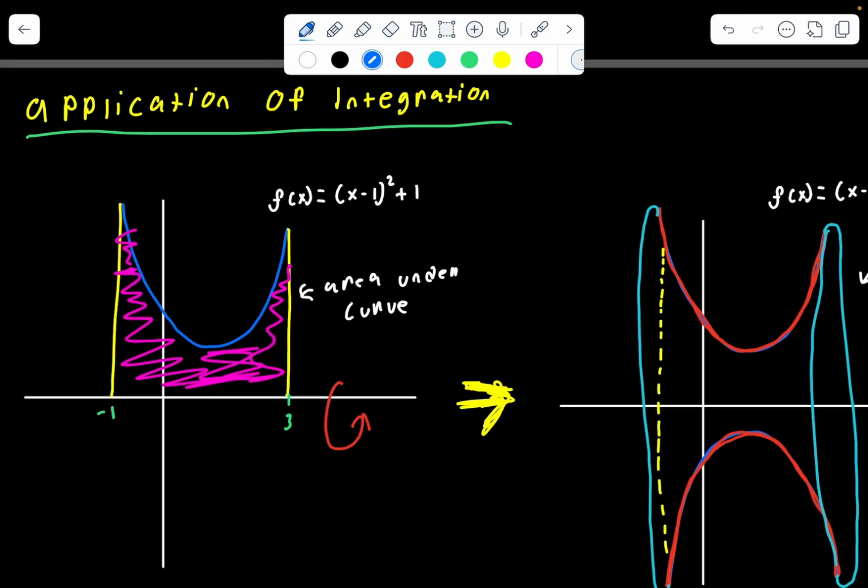So, today's video, we're going to be focusing on application of integration. We're going to be talking about this because it's one of my favorite things in mathematics. And I really want to get straight into it and explain what this is. This isn't really an explanational video.